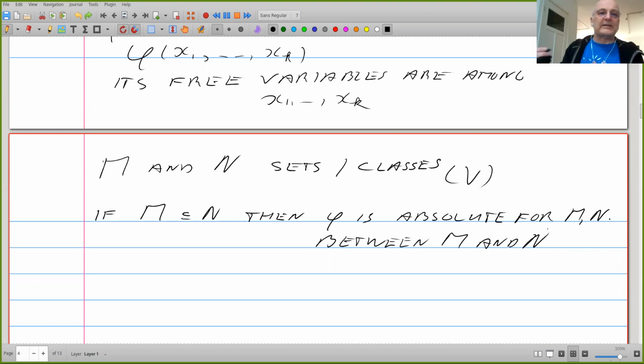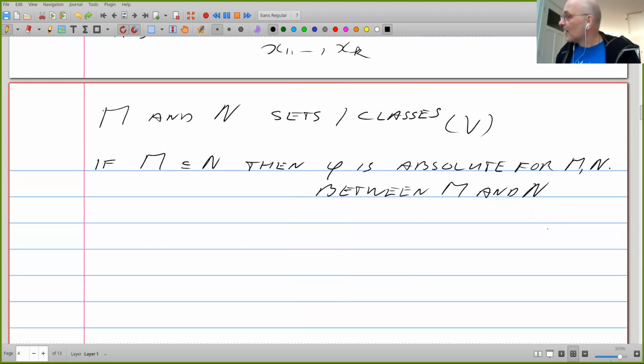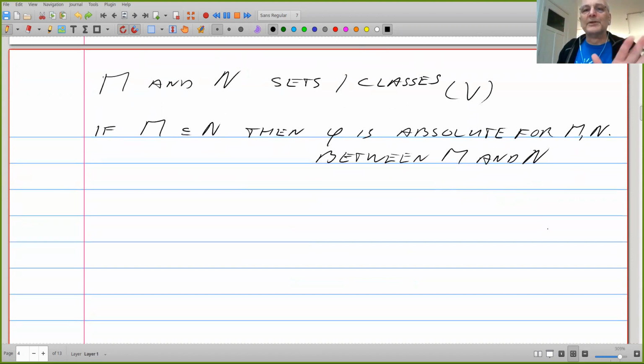Anyway, there is an interplay between M and N with regard to the formula phi. Okay, I'll write down the definition. You can think about it, and in the second hour, after we have a break, I'll talk about it a bit more, because I want you to be able to stare at the definition for the next 15 minutes and absorb it.